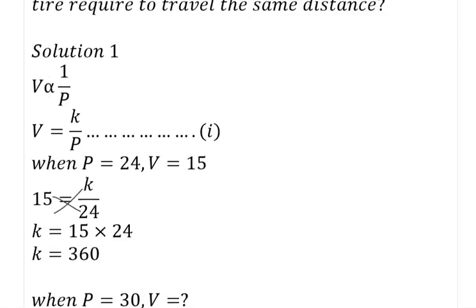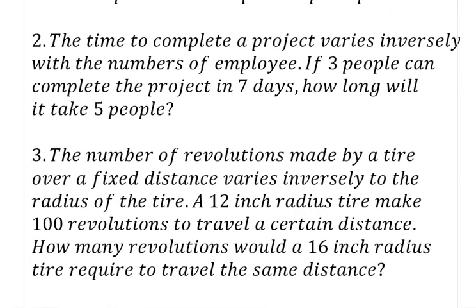So what's the question saying? If 3 people can complete the project in 7 days, so that means people now is the employee here. So when E is 3, T, that's the time, is 7.